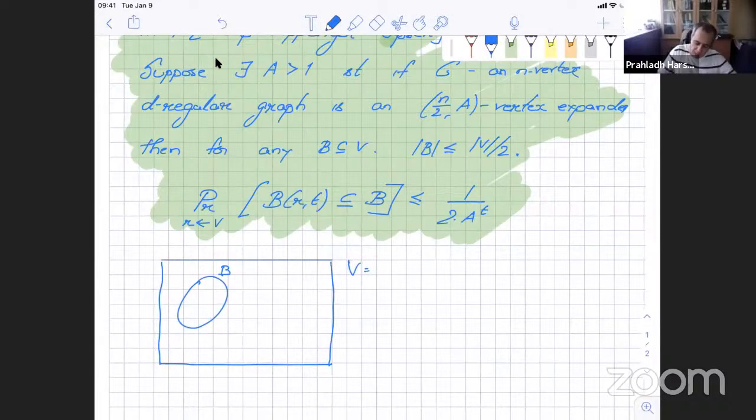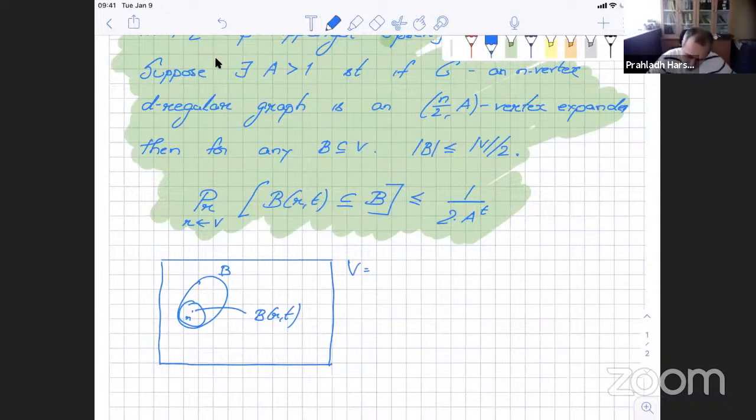Now you pick a random r, and you take a ball of radius t around it. What do I mean by a ball? The ball is based on the walk on the graph. That is, you take all the vertices which are at most distance t from this one and ask, can the entire ball be in this set? And we saw that the probability of this happening is very, very low.